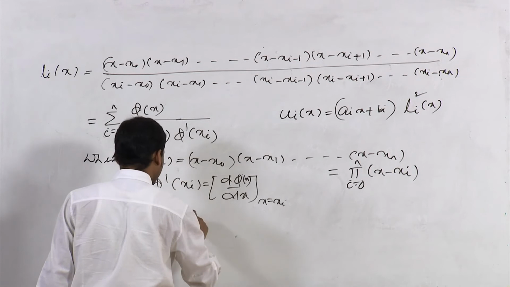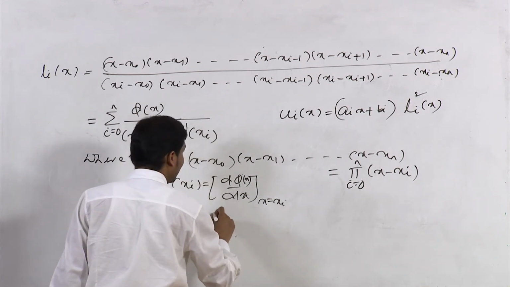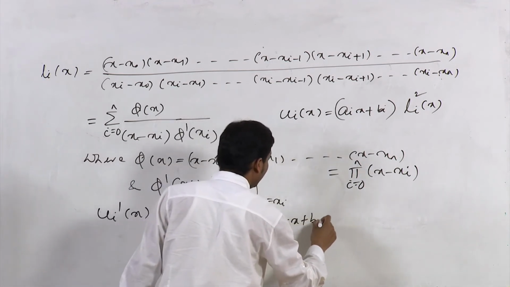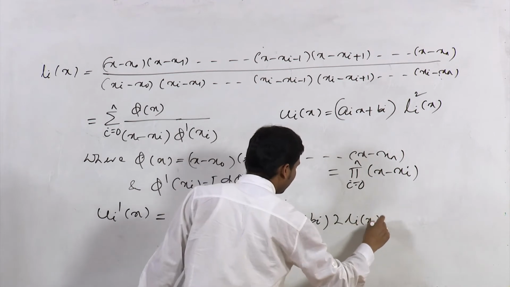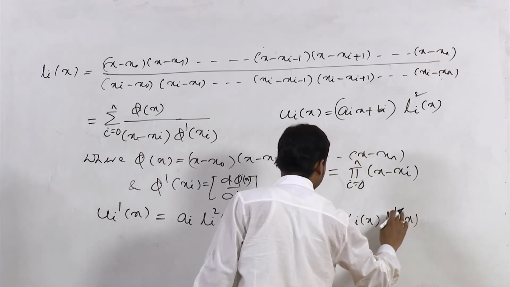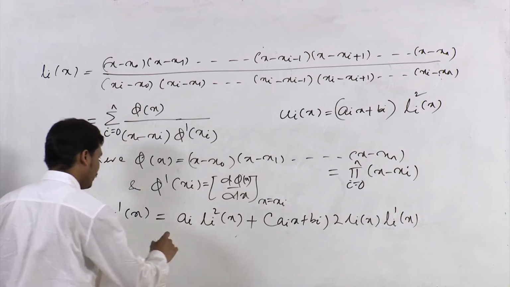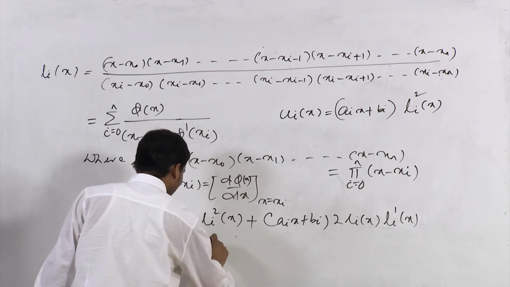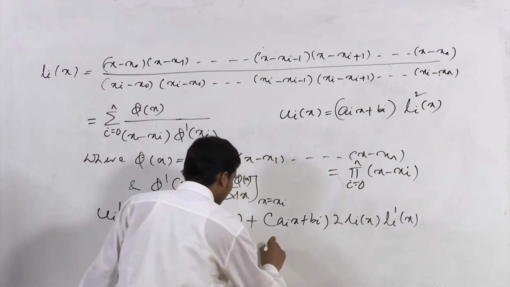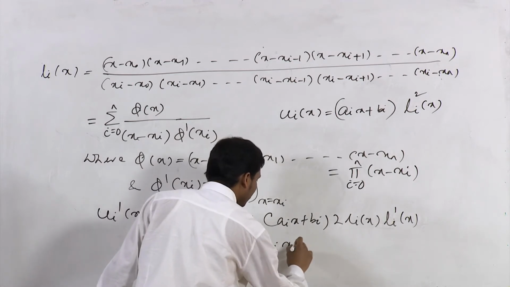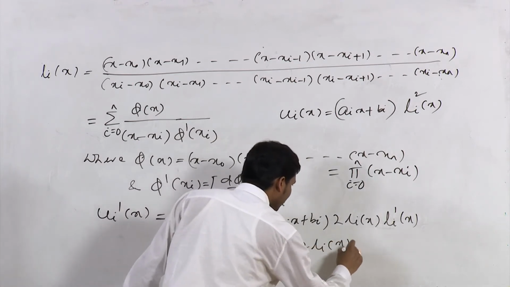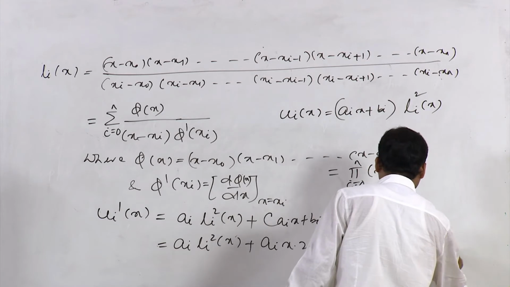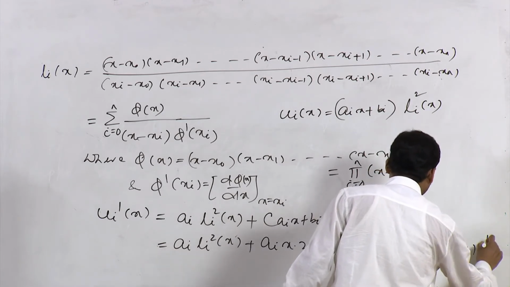we can write this one as ai into li square of x plus (ai x plus bi) into 2 li of x into li dash of x here. So, if you take ai common from both these terms, we can write this as ai into (li square of x plus x into 2 li of x, li dash of x) plus bi into 2 li of x, li dash of x here.